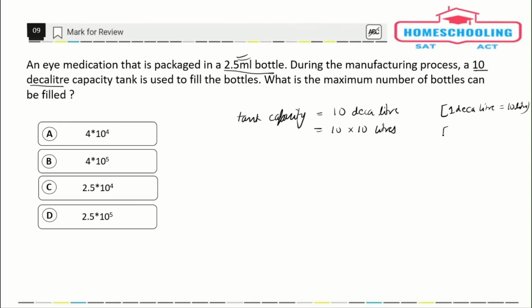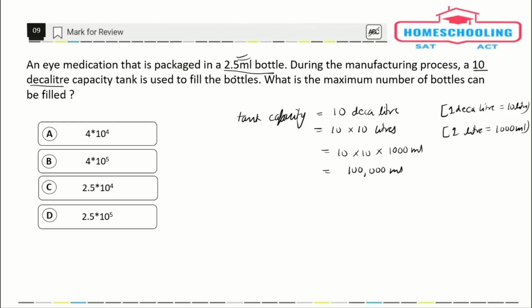And we know that 1 liter is equal to 1000 ml. So 10 into 10, and instead of liter, we'll write 1000 ml. So this is your 100,000 ml.